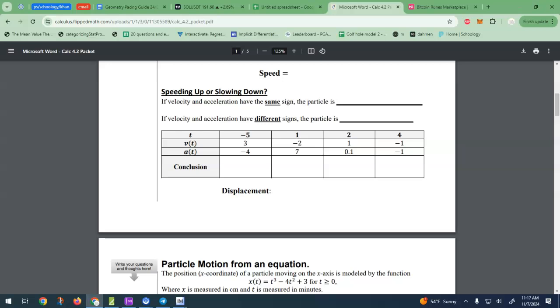And if they're both positive, we are speeding up. Can you tell me moving forward or backwards, faster or slower? This is moving forward faster, right? We're accelerating, so we're moving forward faster.